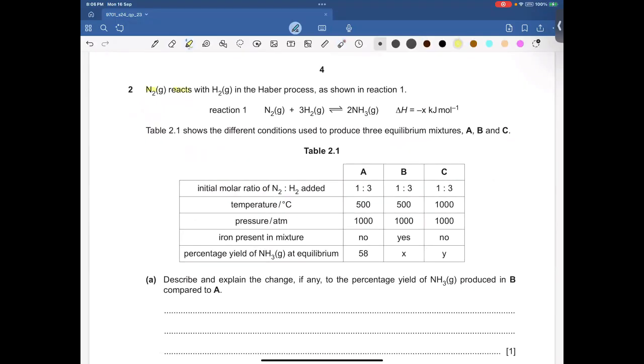Nitrogen reacts with hydrogen in the Haber process as shown in reaction 1. By the way, reaction 1, as you can see, is an exothermic reaction, and we need to consider this exothermic change also, okay?